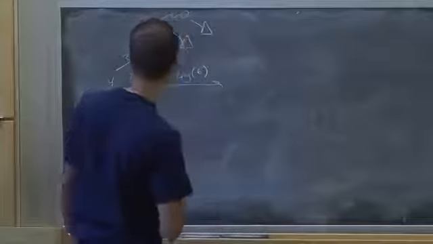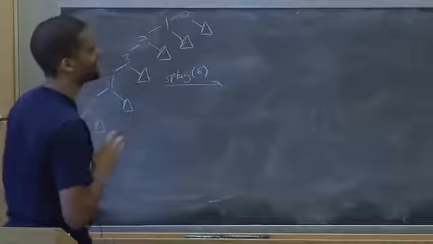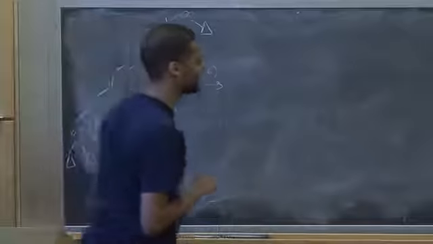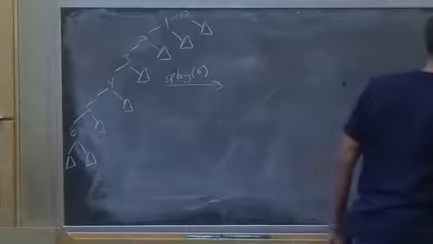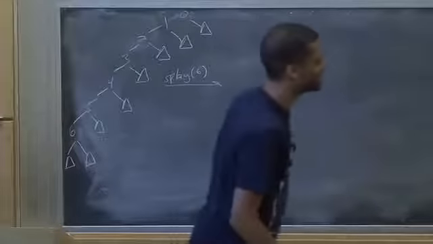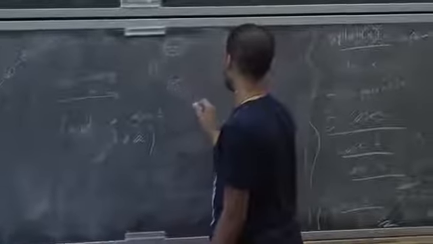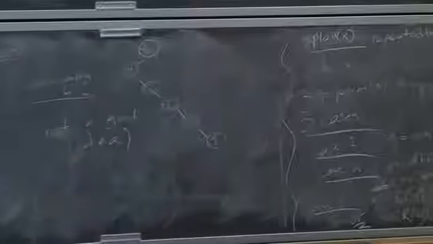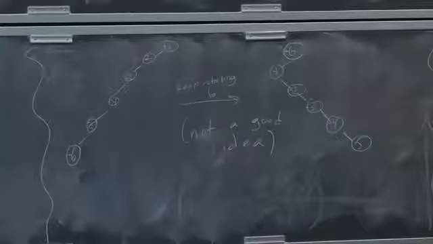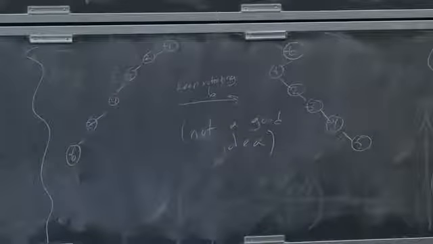Wait a second. Can someone tell me something that's wrong with this picture? Yeah, these are all negative numbers. Whoops. Now this picture is at least sensible. I don't want to keep writing negative numbers, but alas.